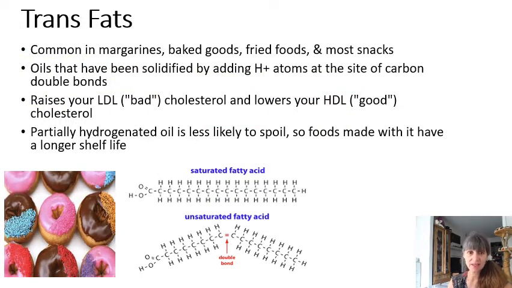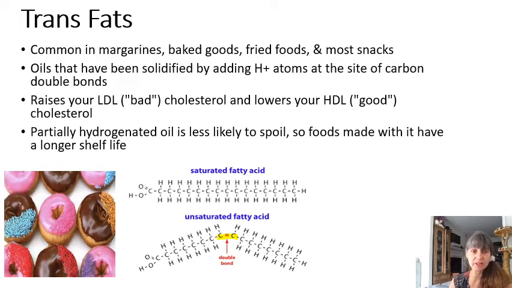Trans fats. These are common in synthetic oils, and because they're in synthetic oils, they'll be found in processed foods like baked goods, fried foods, snacks. These are fatty acids that have oils that have been modified, where the natural fatty acid or hydrocarbon chain would contain a double bonded carbon, in order to produce a trans fat or partially hydrogenated oil.